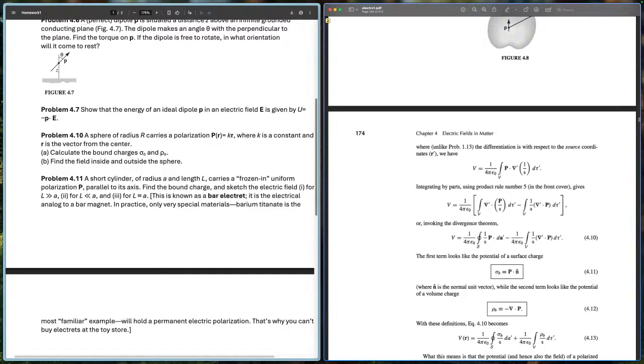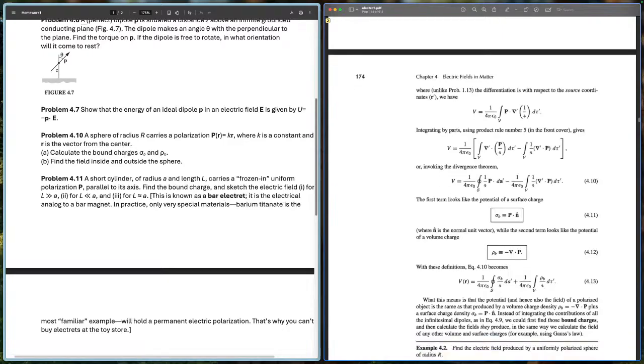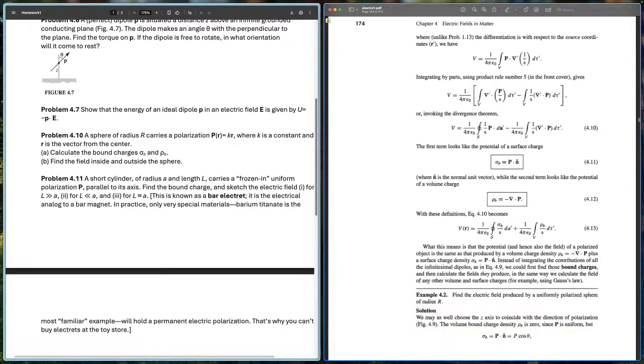And since P is independent of R, okay. So now we define the surface charge here and the volume charge there, which is just P dot n hat and the negative divergence of P. Okay. And this is due to the formulation in 4.10.